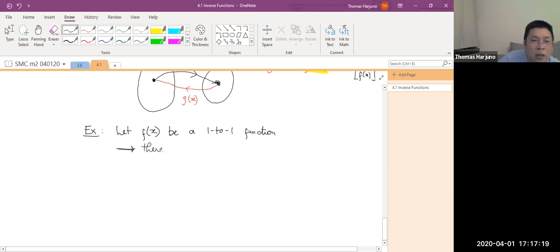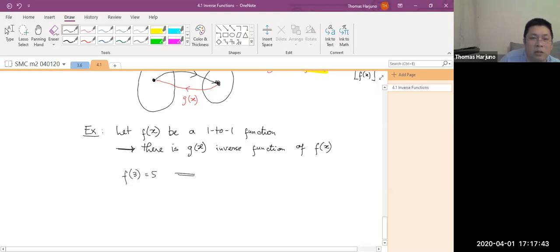There is g(x), the inverse function of that function f(x). Suppose that f(3) equals 5.